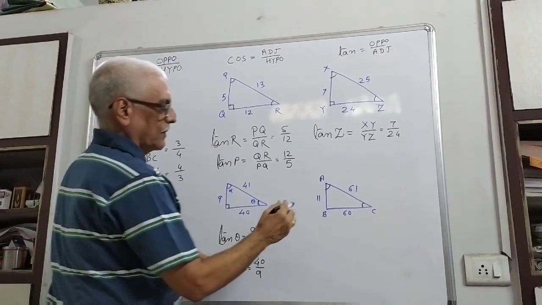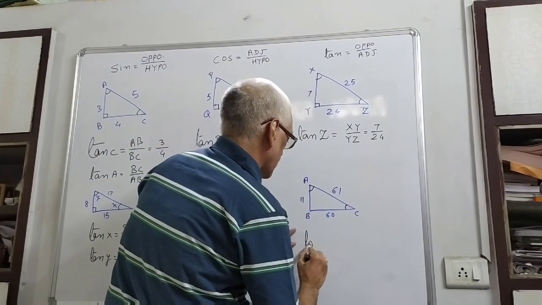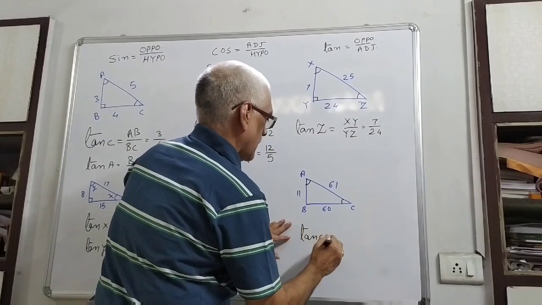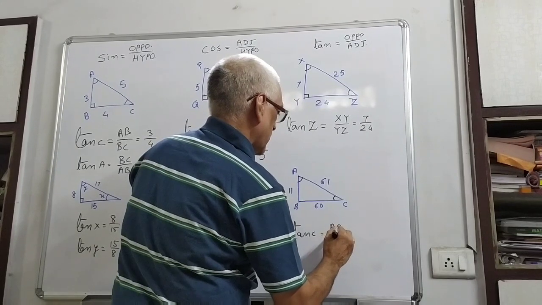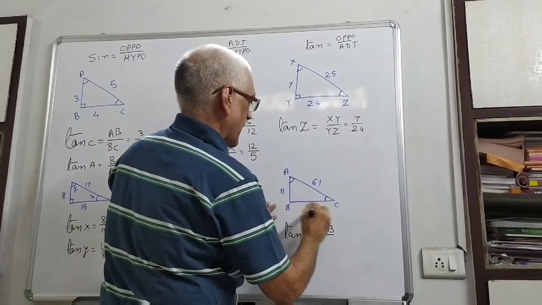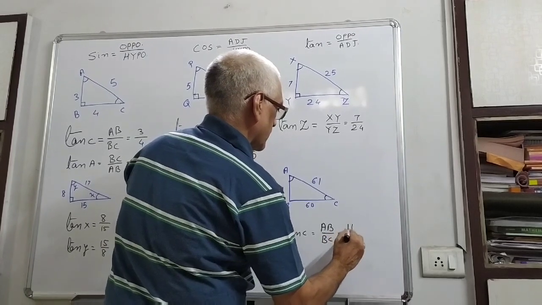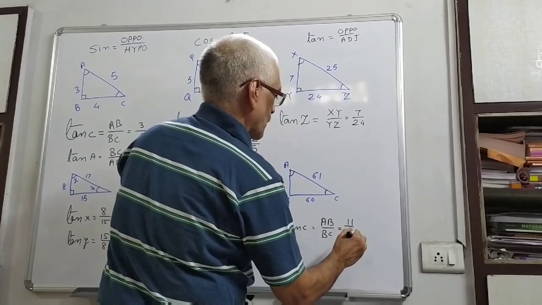In this figure, we are given the names ABC, so we can say tan C. So tan C is equal to the length of the side opposite to C, that is AB, upon the length of the side adjacent to C, that is BC. AB is equal to 11 and BC is equal to 60. So tan C is equal to 11 upon 60.